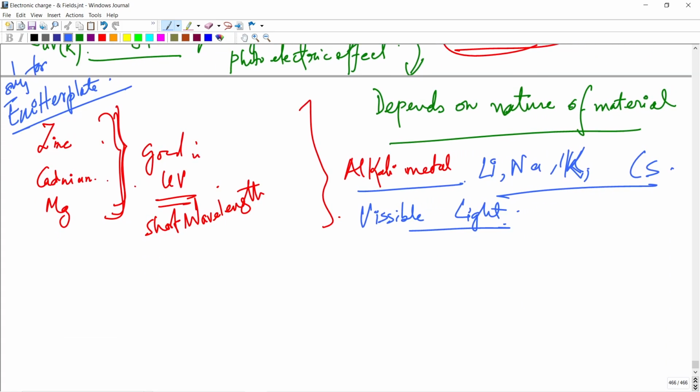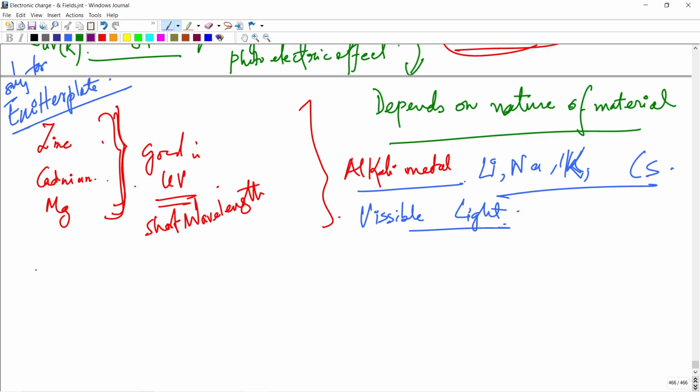The incident radiation of UV ray must have a frequency greater than the threshold frequency. That is the minimum frequency that must be needed to get some photocurrent. This substance is called a photosensitive substance.